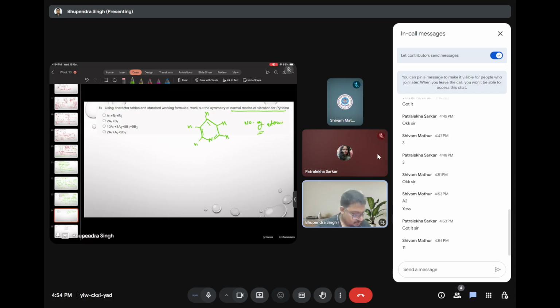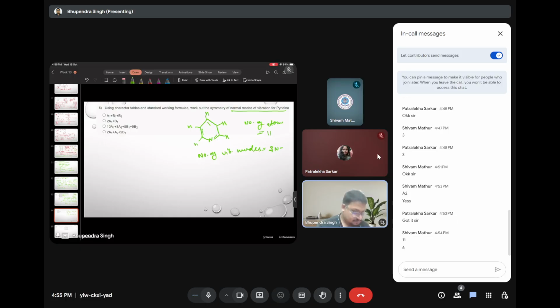What will be the formula to calculate the number of vibrational modes? 3n minus 5 or 6? 6, yes, because it is not linear.